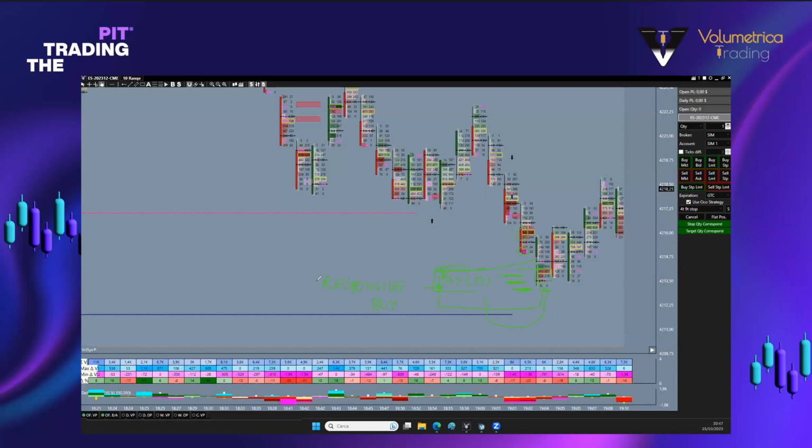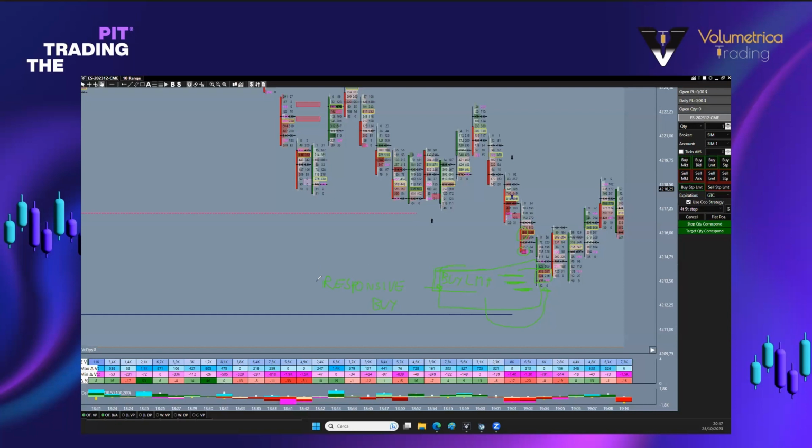So basically, we can consider responsive action areas as areas where buyers and sellers are basically fighting each other.